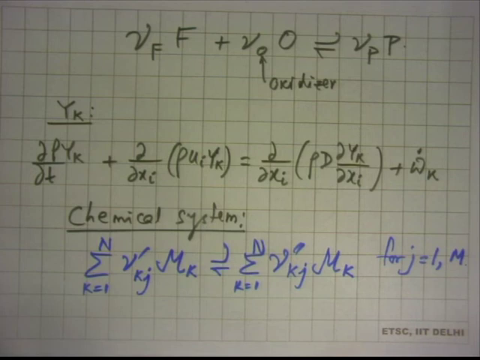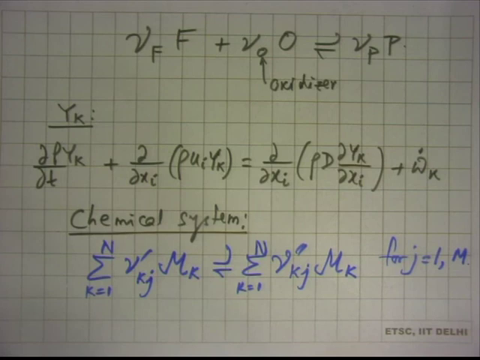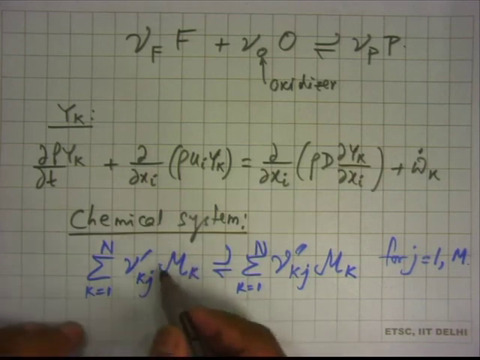So, this is a compact notation for these reactions, and we used something like this first when we were discussing the law of mass action. So, these are the coefficients of various species. The species are shown with this curly m.